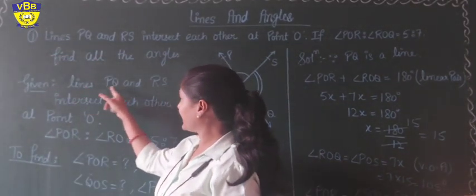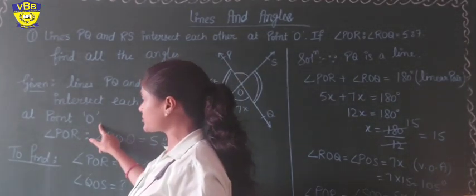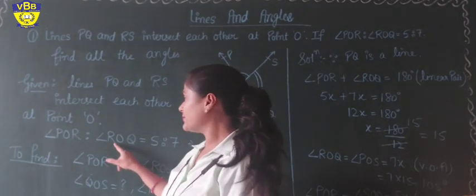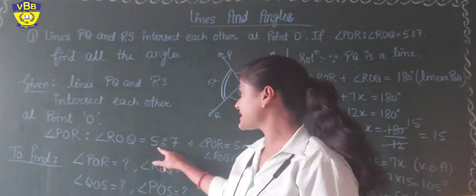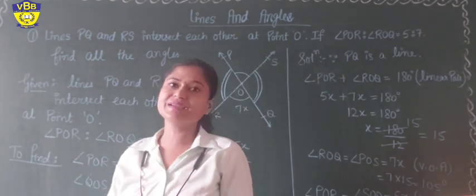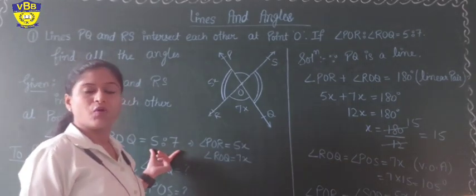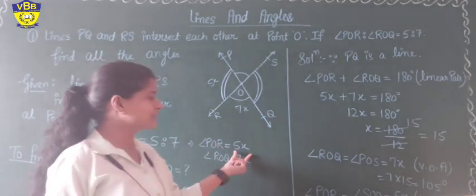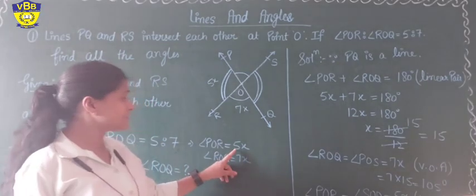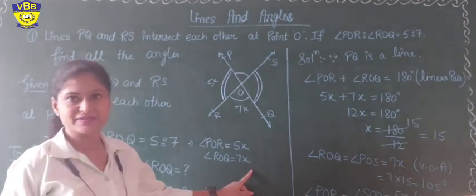Here lines PQ and RS intersect each other at point O, and angle POR to angle ROQ is in the ratio 5:7. If angles or anything else are in proportion, you multiply with the same constant, so we can write 5x and 7x.